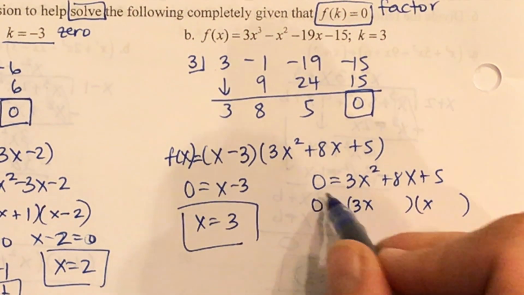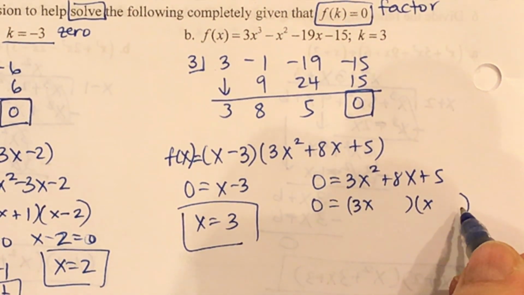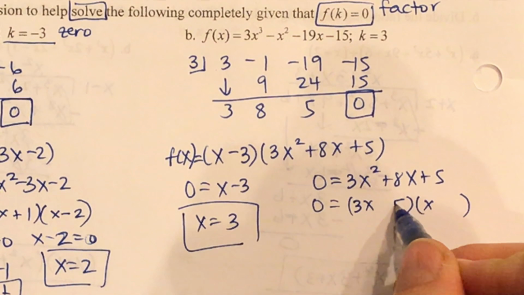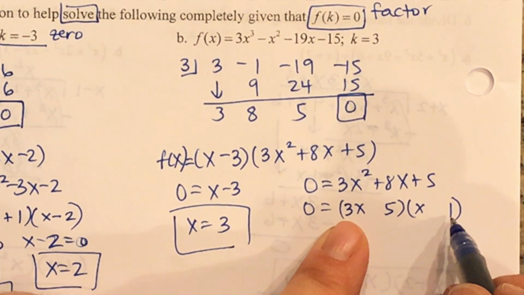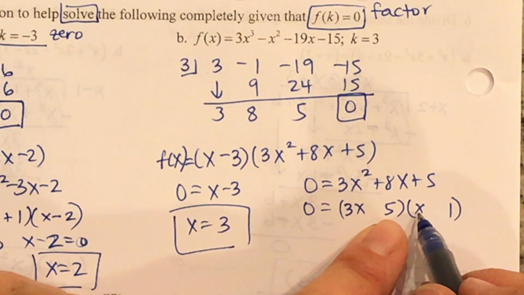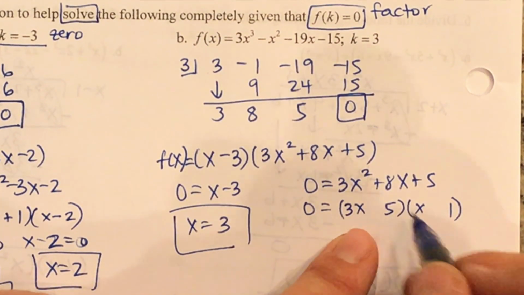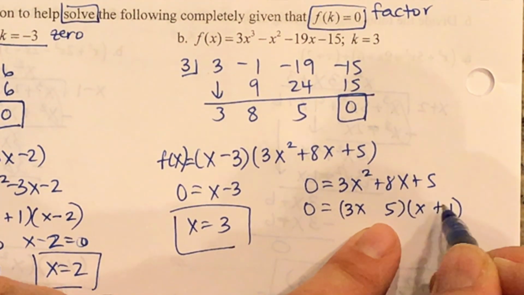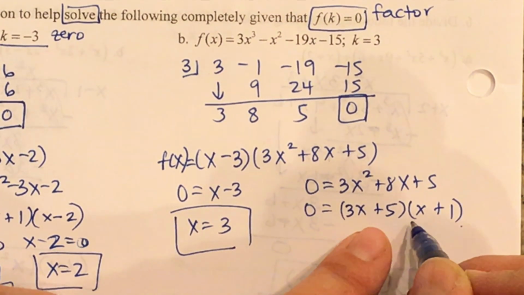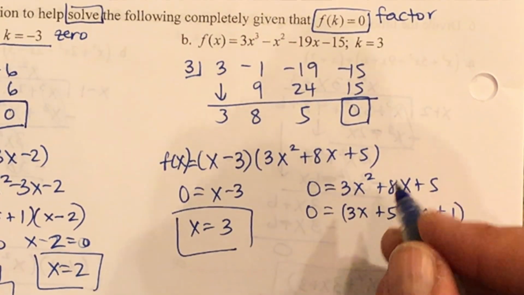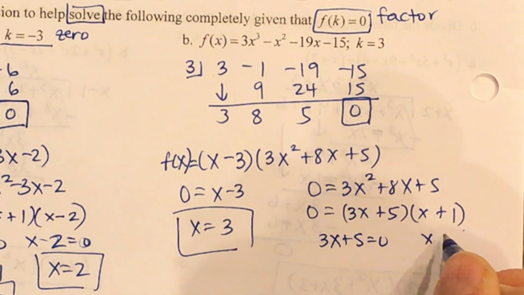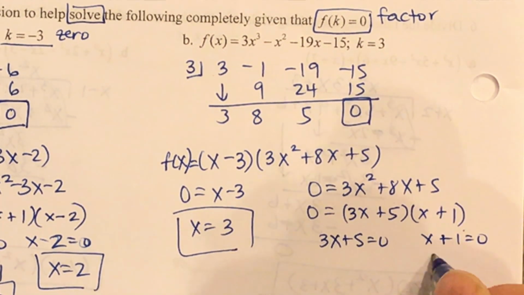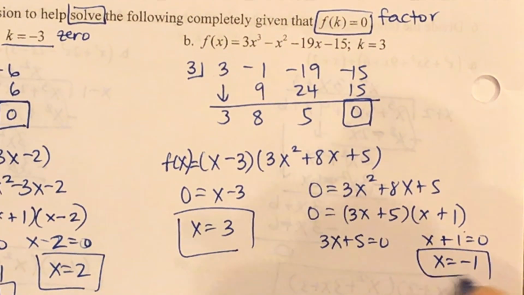3x and x. So that's my 3x squared. Now, if I put my 5 here and the 1 there, that's going to give me 3x, and this is going to give me 5x. If I can make them both positive, does that work? 3x's and 5x's is 8x's. It does. So I get x equals -1 from that one.